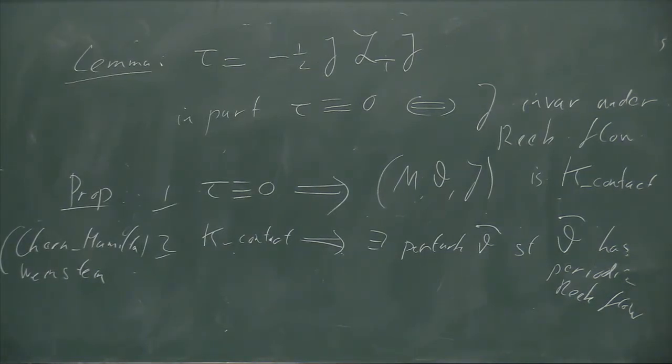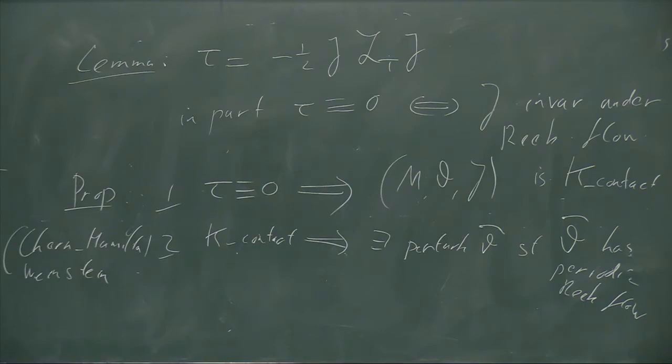If J is invariant under the Reeb flow, the contact form is already invariant under the Reeb flow, so d of the contact form is invariant under the Reeb flow, so this metric is invariant under the Reeb flow. And this is precisely the definition of K-contact, because this just means Reeb T is a Killing vector field.